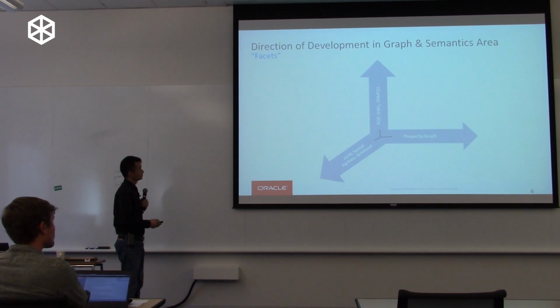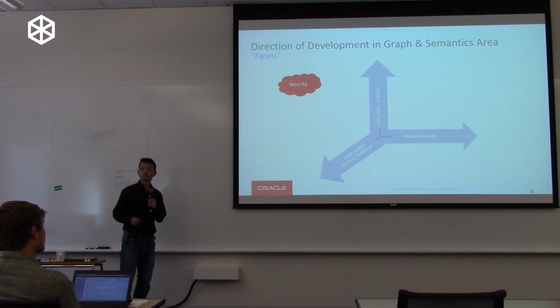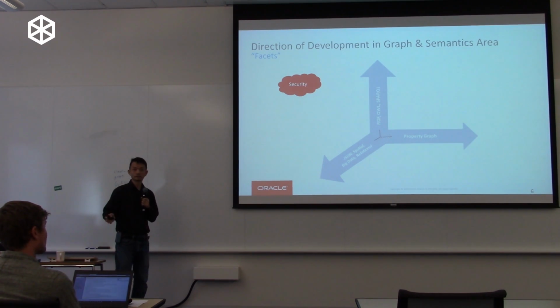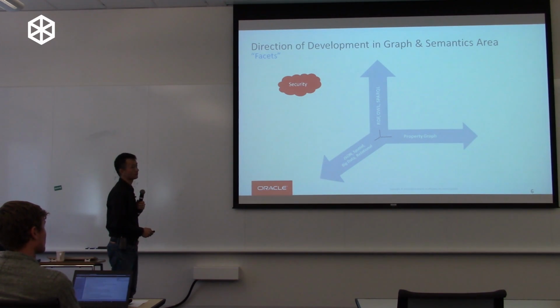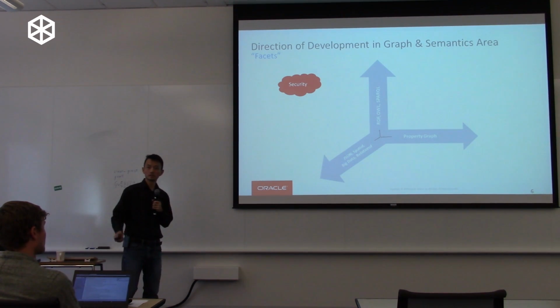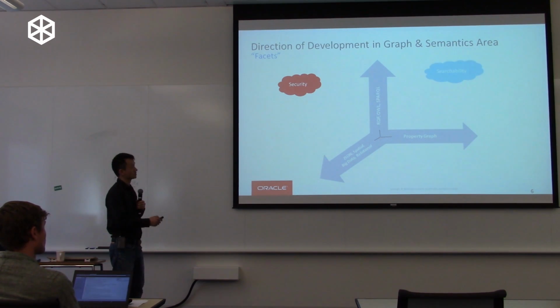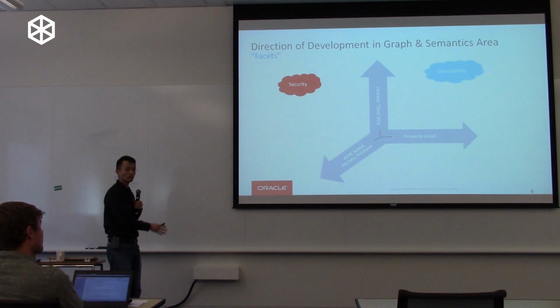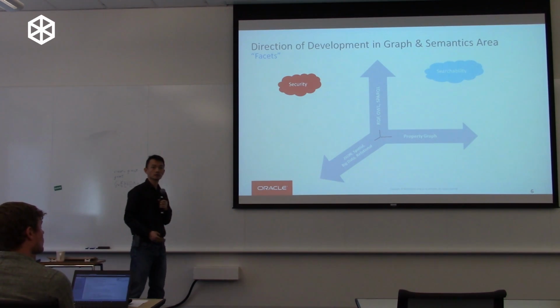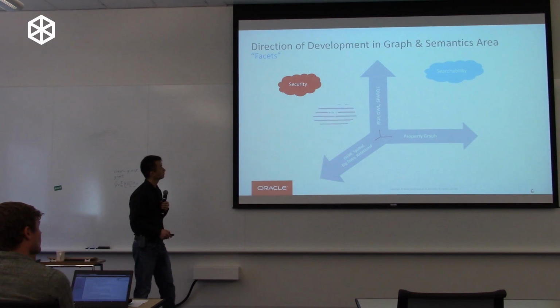In addition to these three major directions, we are also working on, for lack of a better term, facets. For example, security. Security is important, especially if you are talking to people in finance, in the DoD, CIA, in public sectors. And searchability. You have your graph data, but I want to find something of interest. What kind of search capabilities do you have?